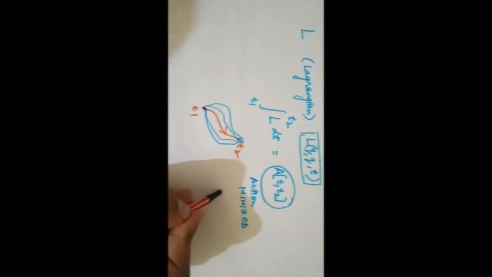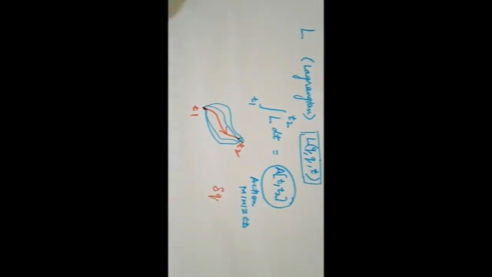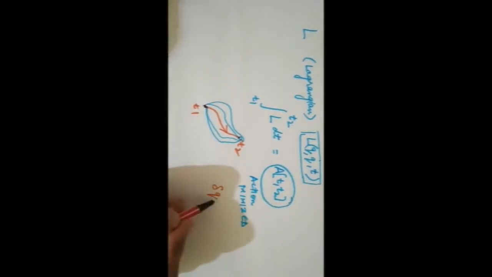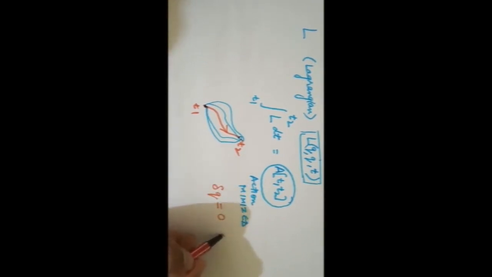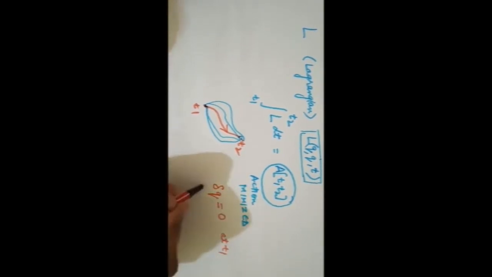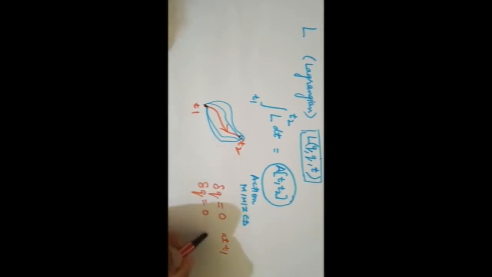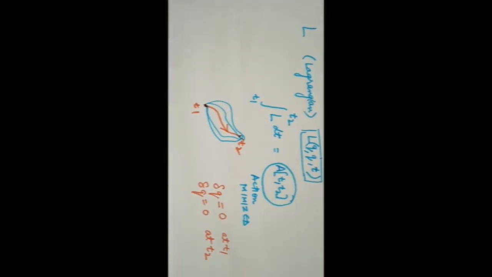So variation of q, which means the coordinates, should be equal to 0 at t1. Likewise, variation of q should be equal to 0 at time t2. Because I have already specified that at time t1 and t2, these are the deterministic locations or q's for the particle.